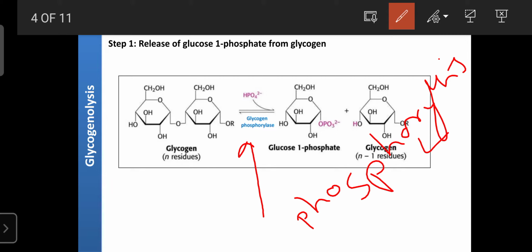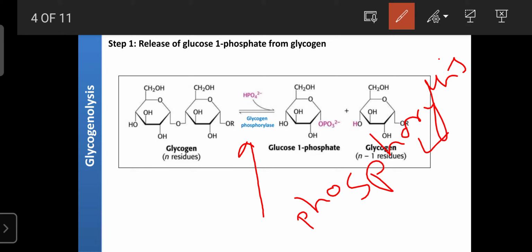In hydrolysis, water is added, and due to the addition of water, the larger molecule is converted into smaller molecules. In this step 1 process, the larger particle also converts into smaller molecules, but it is a phosphorolysis because no water is involved. Only a phosphate group is added, and glycogen converts into smaller molecules, glucose 1 phosphate and glycogen.